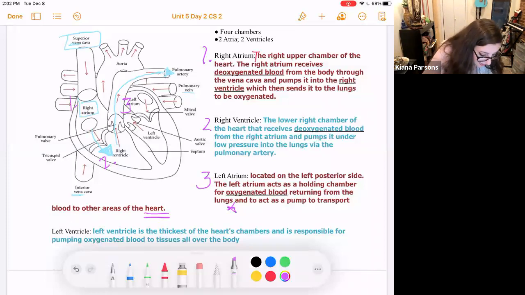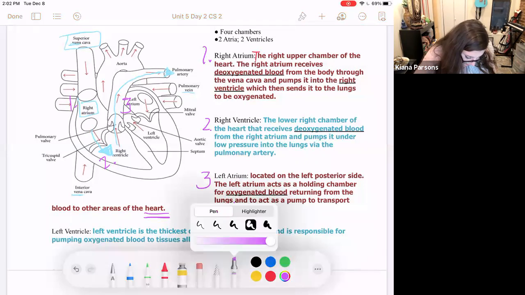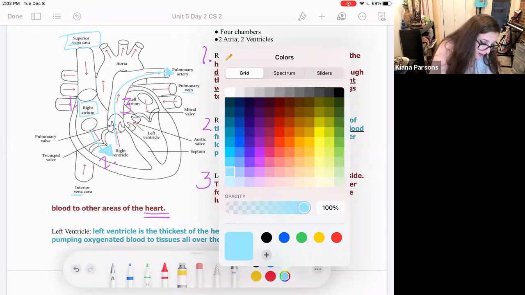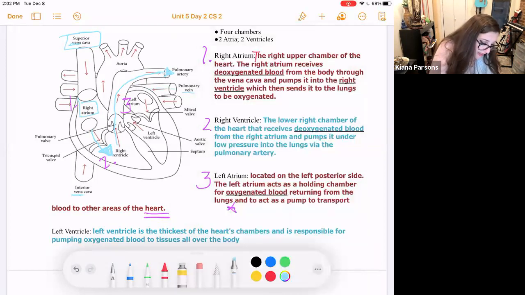And finally, after the blood travels from the pulmonary vein back into the heart, down into the left atrium, it is supplied all throughout the heart.